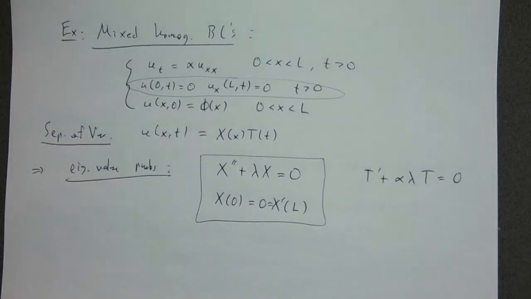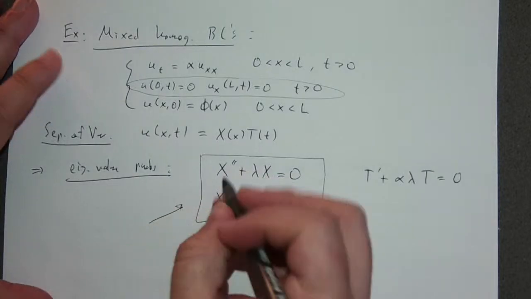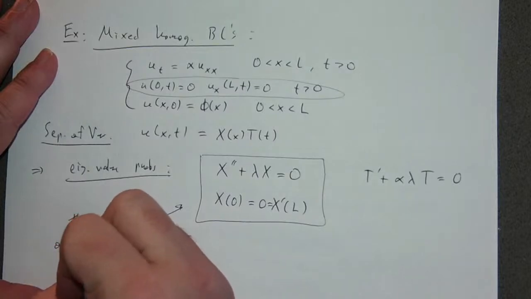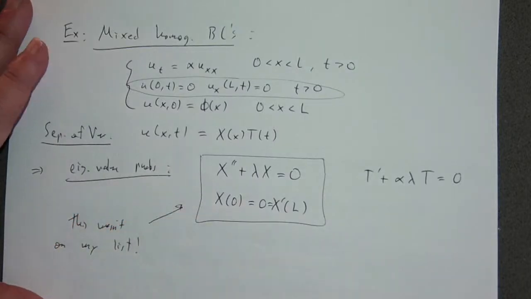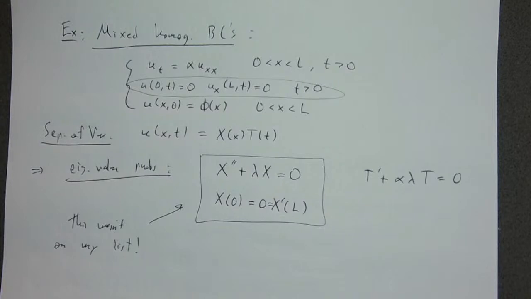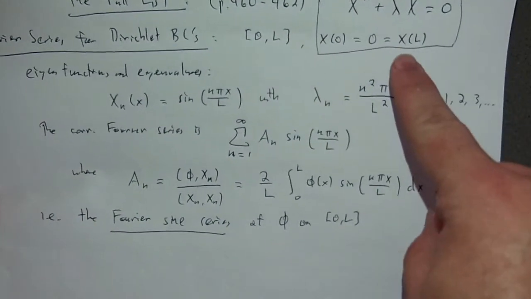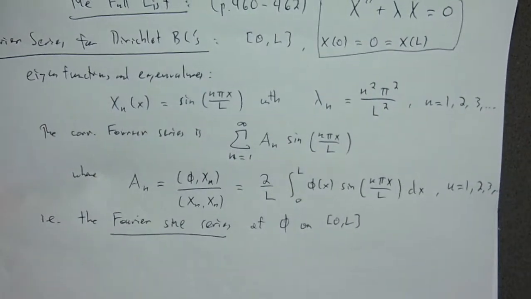This wasn't on that original list I made, right? Let's just recall what was on the list. So here's what the list consisted of so far. We had homogeneous Dirichlet boundary conditions for an eigenvalue problem, and we had our canned eigenfunctions and eigenvalues.